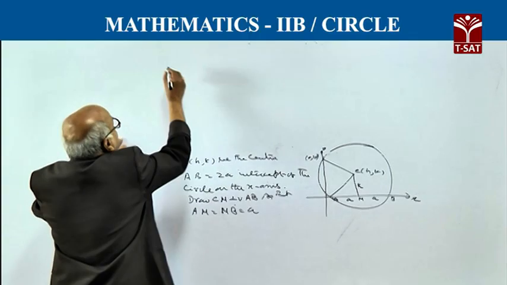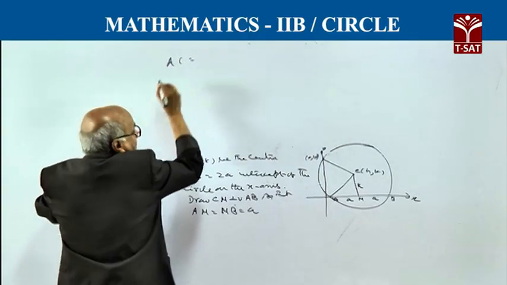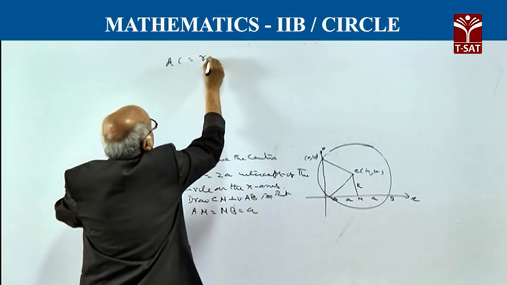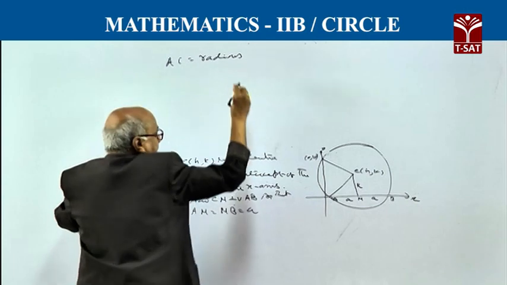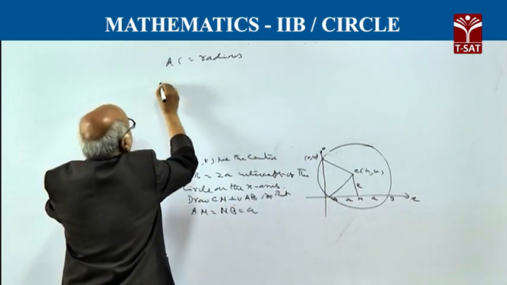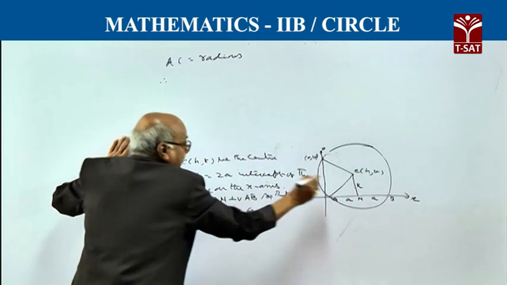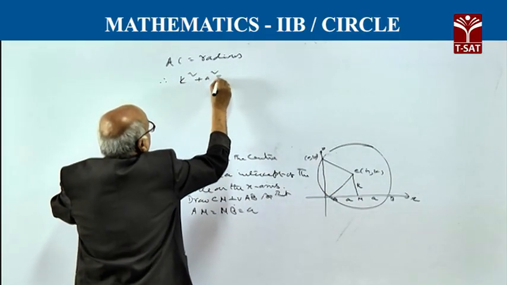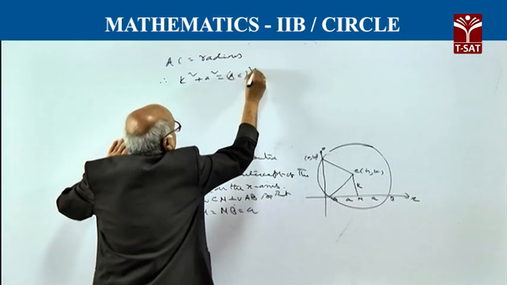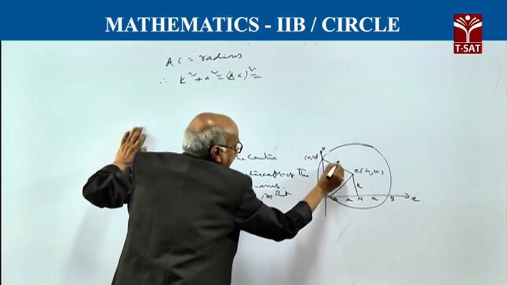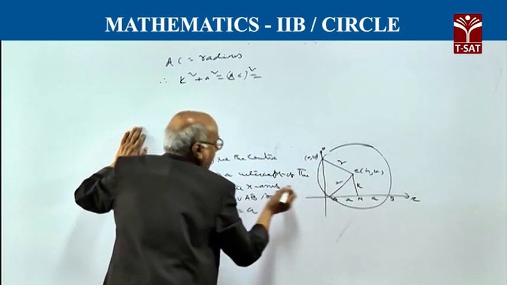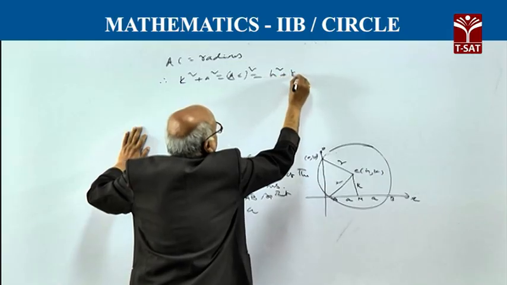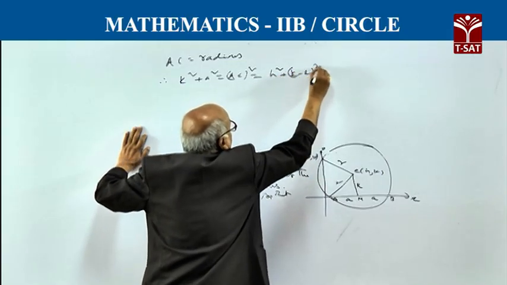Now you can see that AC is equal to the radius, and also, so therefore what you will get is k square plus a square is equal to AC square, that is also equal to the radius R, that is also equal to h square plus k minus b whole square.